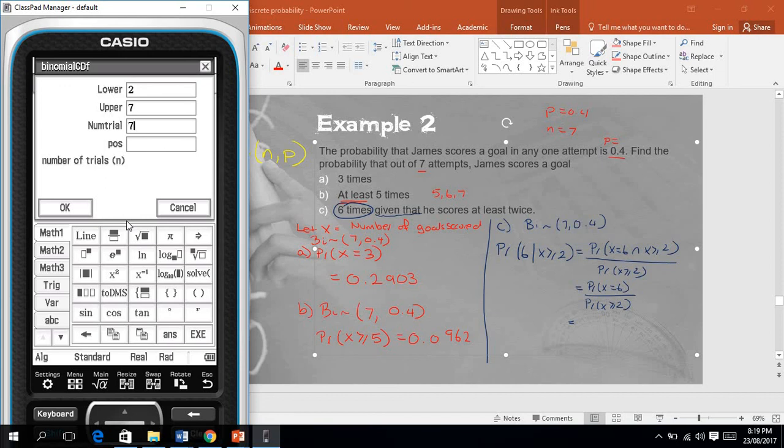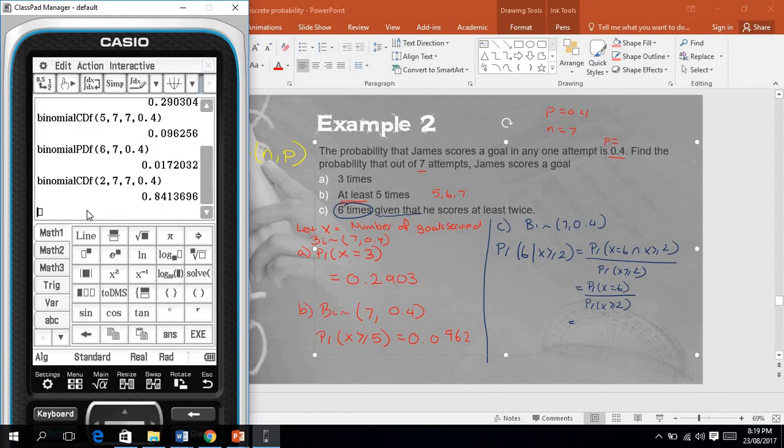Our number of trials is 7 and our probability of success is 0.4. Finally, we're wanting to take our first value and we're going to divide it by our second one. Notice how I'm using the entire values. I don't want to use rounded values. I don't want to risk losing accuracy.